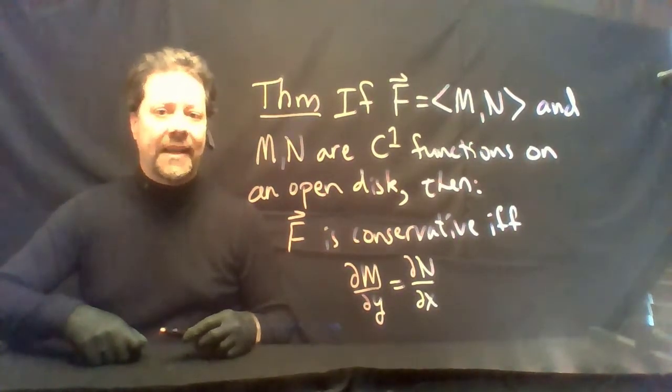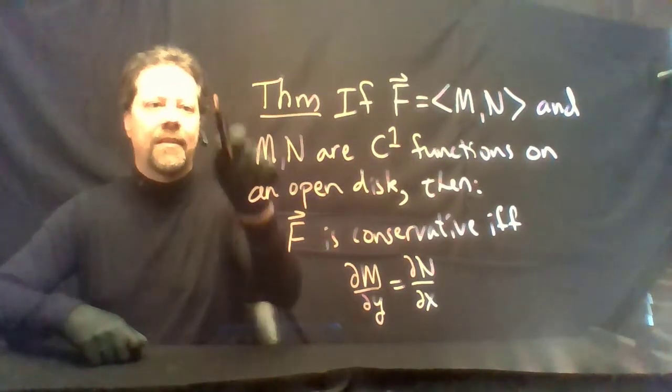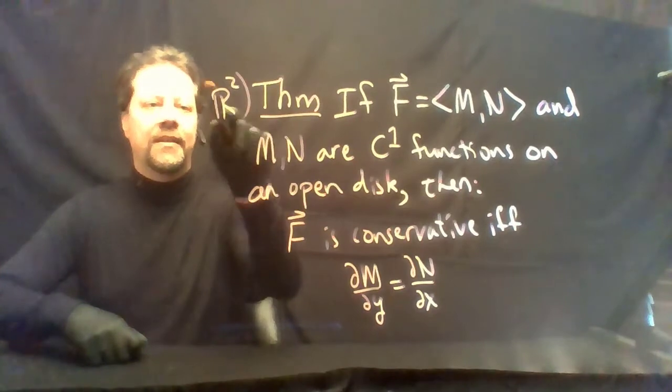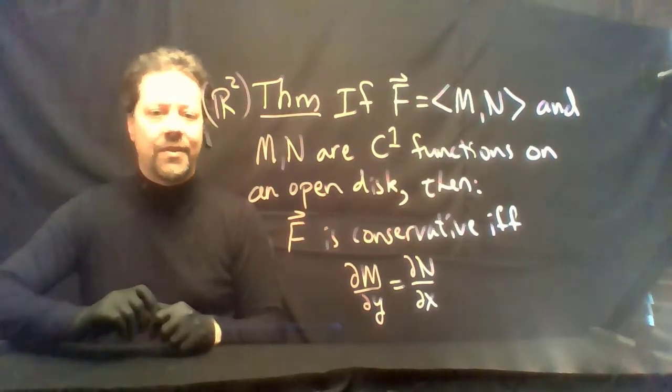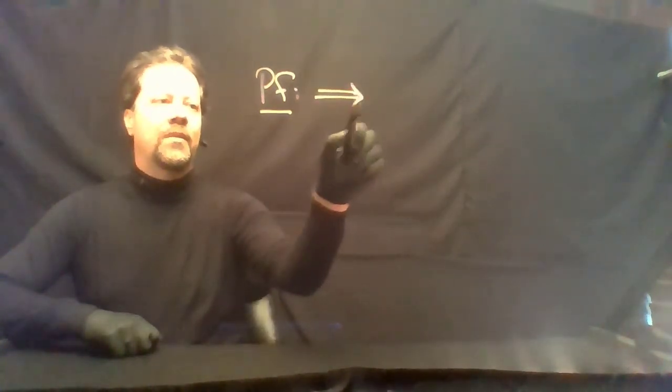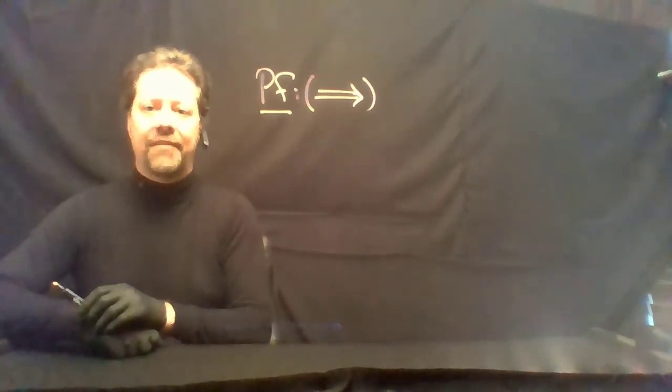So this is a characterization of conservative vector fields in R2. This is only for vector fields in R2. There will have to be another test for vector fields in R3. This is an if and only if theorem, so we technically have to prove this in both directions. We'll begin with this direction, where we assume that the vector field f is conservative.